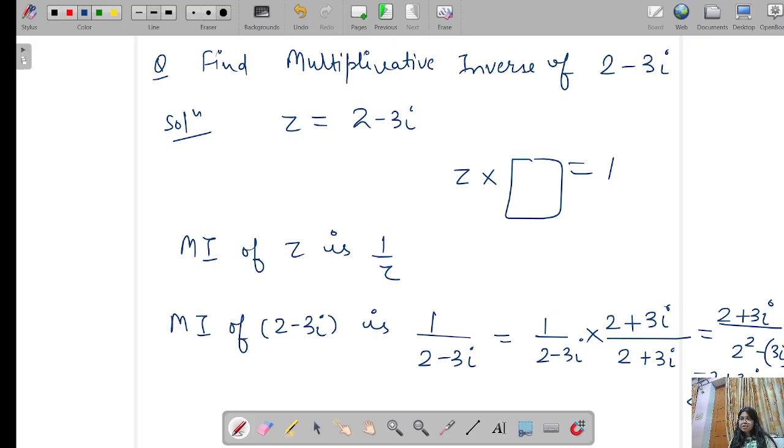Now this comes as 13. I have distributed the denominator to this term and to this term. Now the real part has become this and the imaginary part has become this. Here I have used this identity. Alright, clear to you? Okay.